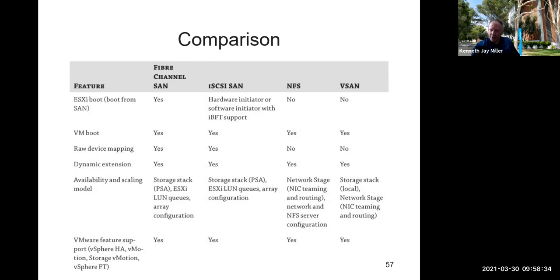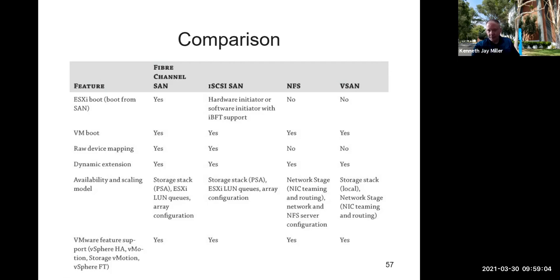The answer is yes, but you have to make sure your hardware and your software initiator supports the boot function in it. Can it boot to an NFS? The answer is no. Can it boot using vSAN? The answer is no. So if you're going to use NFS or vSAN and you want to boot your ESXi server, you're not going to use a thumb drive, you're not going to use local storage at all.